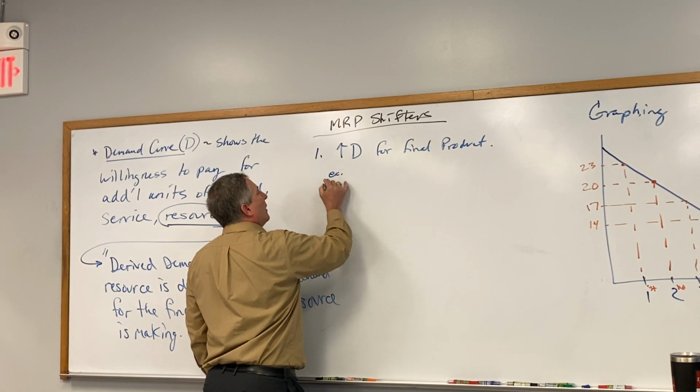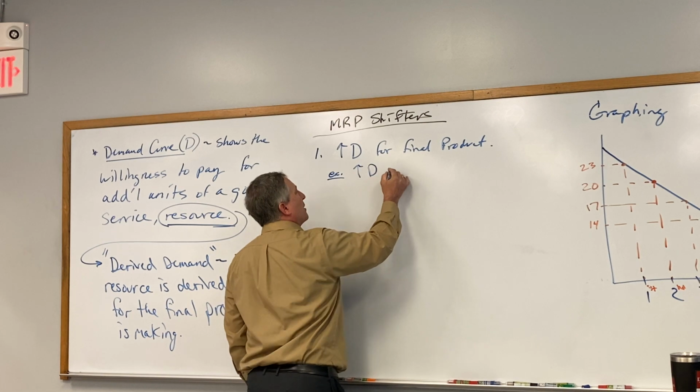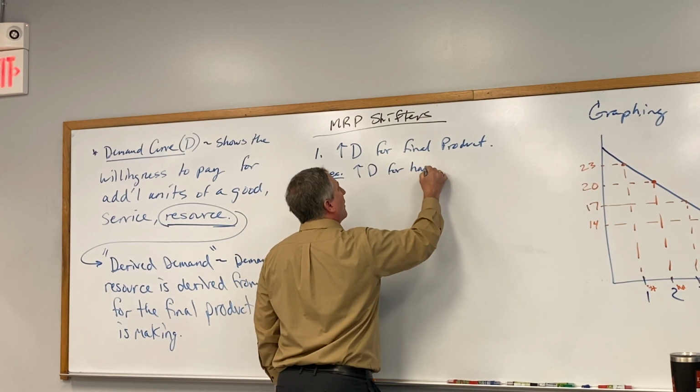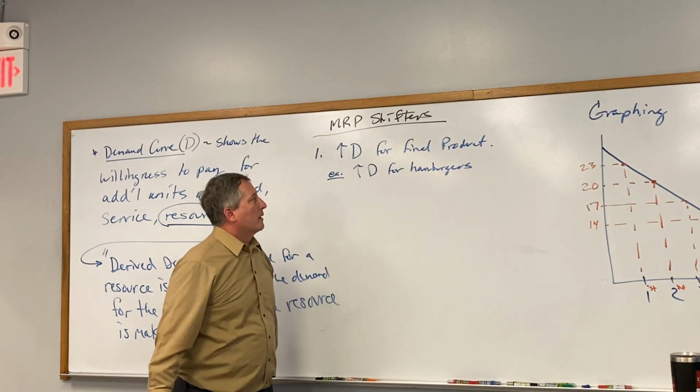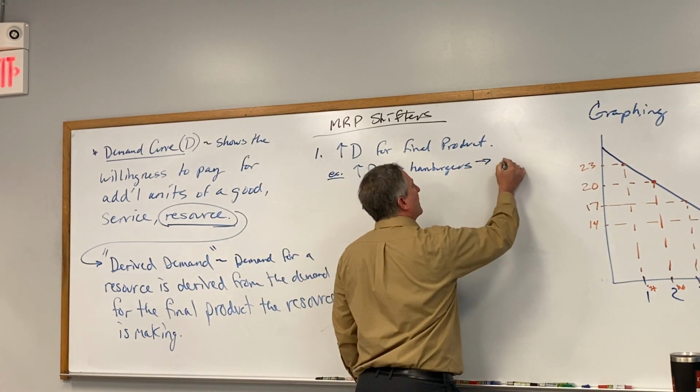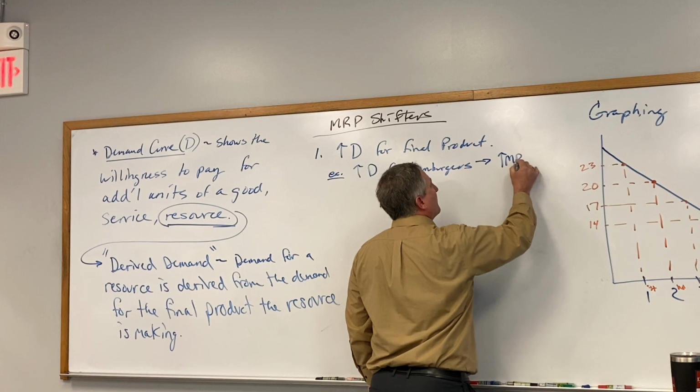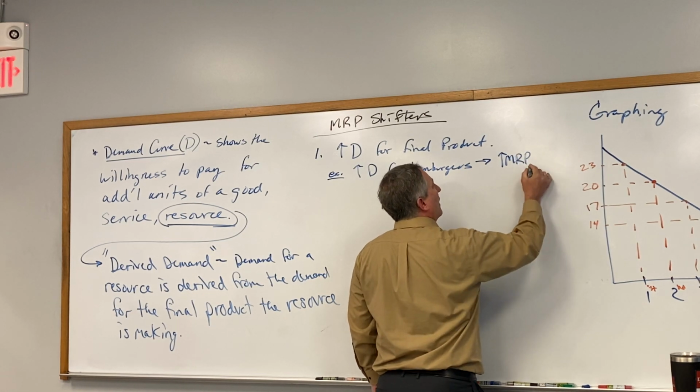So an increase in the demand for hamburgers leads to an increase in the marginal revenue product of labor.